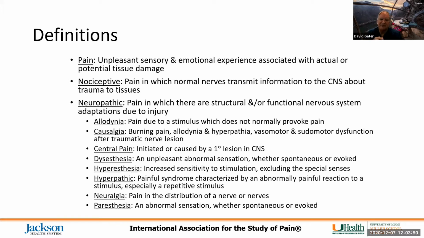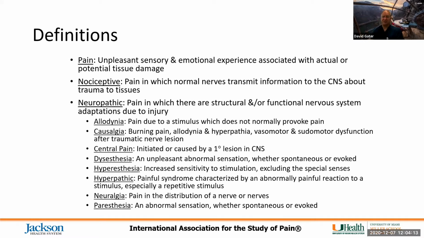Hyperpathic pain is a painful syndrome characterized by abnormal pain reactions to a stimulus. And so typically this is a repetitive type of stimulus that makes things worse and worse as it continues. Neuralgia is pain in the distribution of a nerve or nerves. And so that includes the dermatomes as well as the specifics.